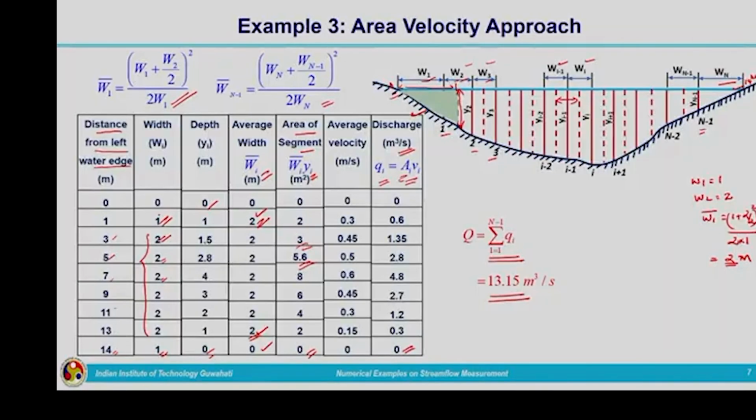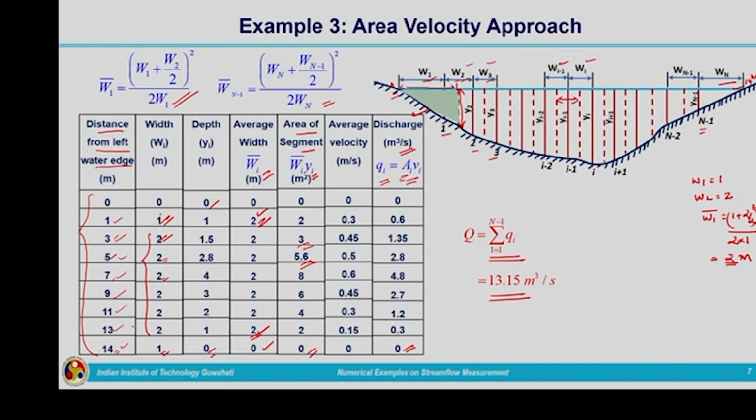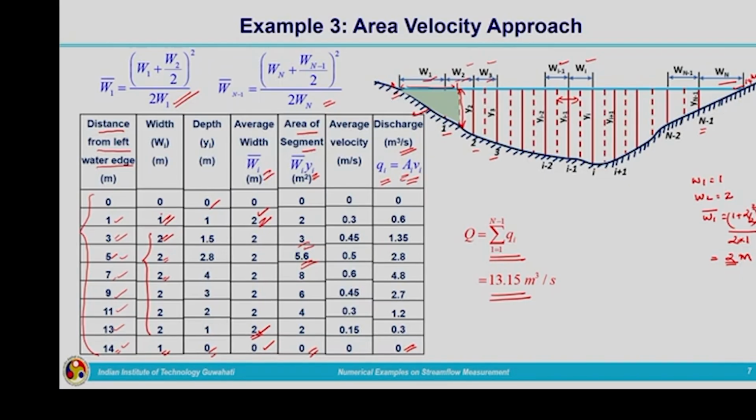While measuring the velocity itself, the data is given to you in that way, that is from the left bank to the right bank at different locations where the velocity measurements are made. So, based on those distances from the left bank to the right bank, we need to find out the average width.